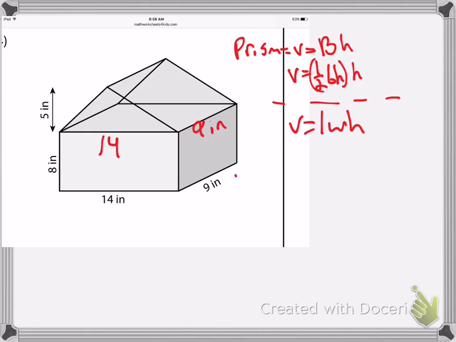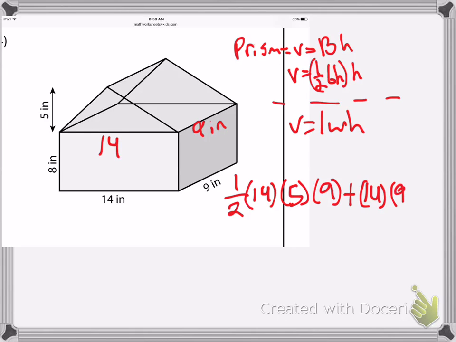So we're going to have 1/2 times 14, which is the base of the triangle, times 5, which is the height of the triangle, and then times 9, which is the height of the prism. And then we'll add that to the rectangular prism, which is length times width times height, which will be 14 times 9 times 8.